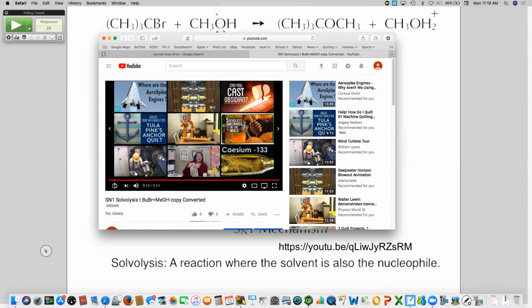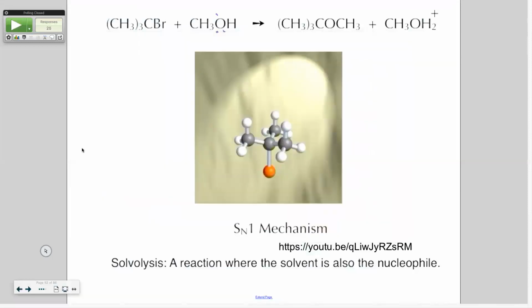Do you remember what the hybridization of a carbon in a carbocation is? sp2. And what geometry does that give this?